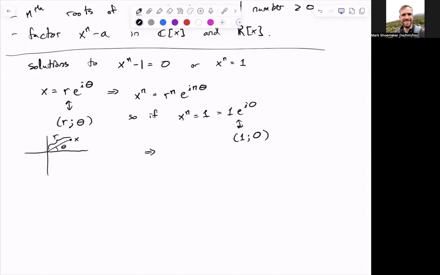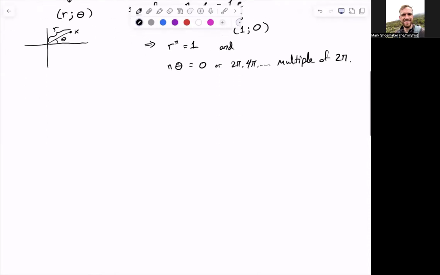So this tells me then that r to the n has to equal 1, and n times theta has to equal 0, or an angle that's equivalent to 0, which is 2 pi, 4 pi, etc. Any multiple of 2 pi.